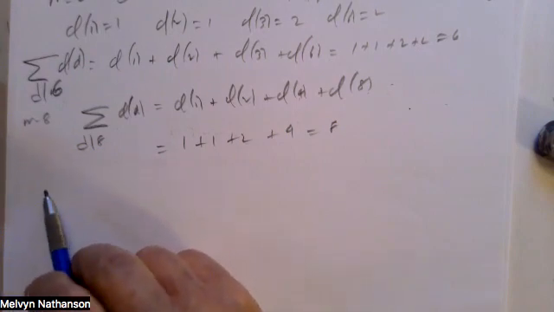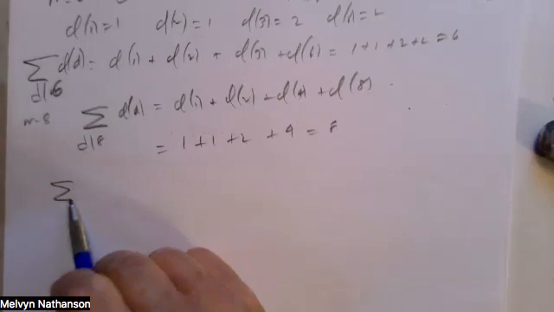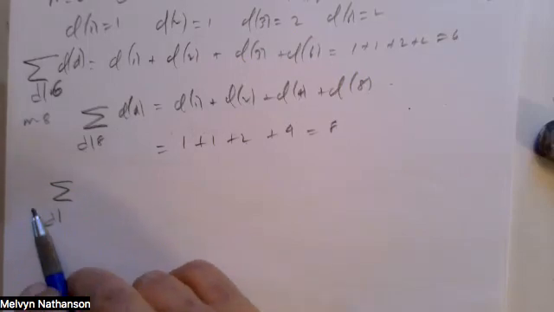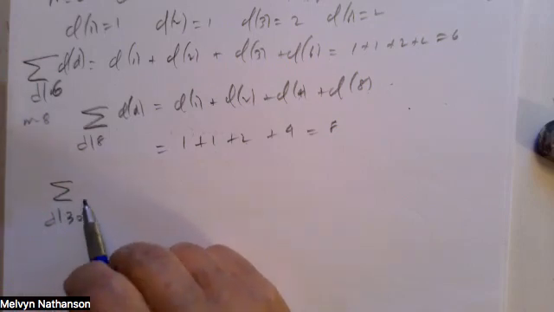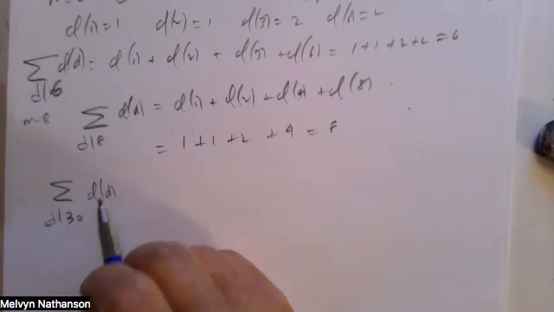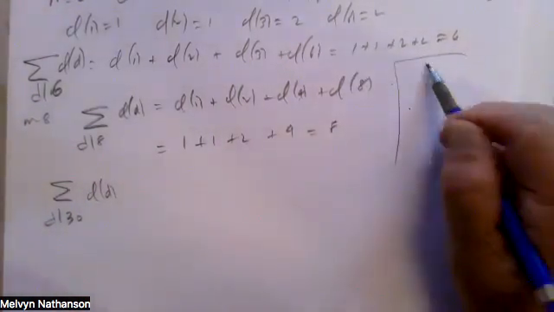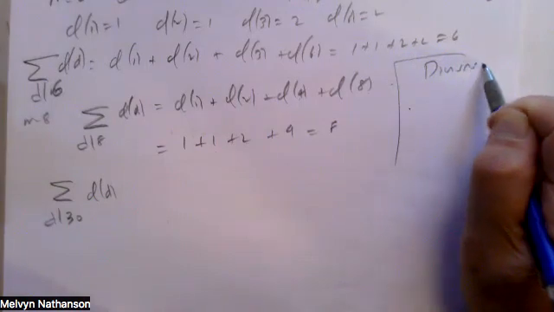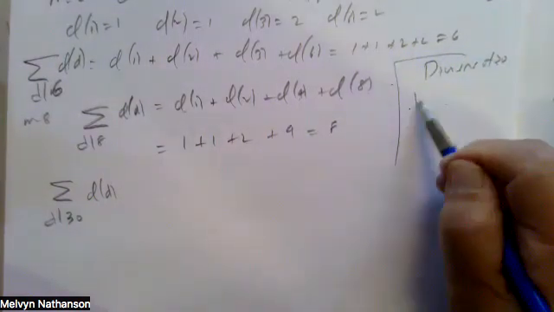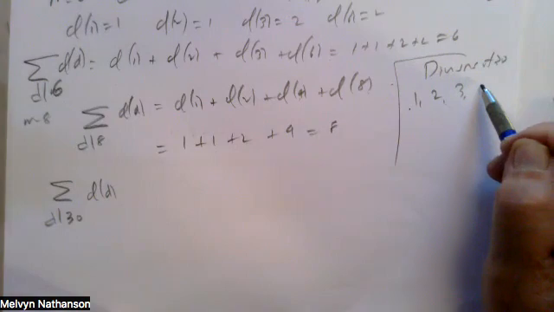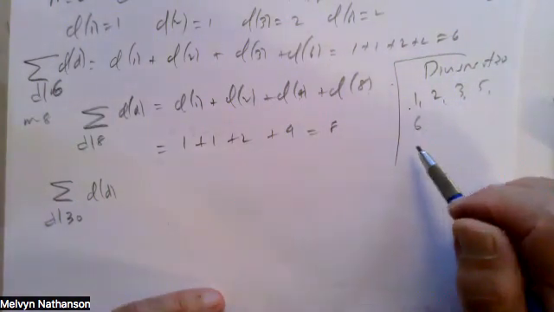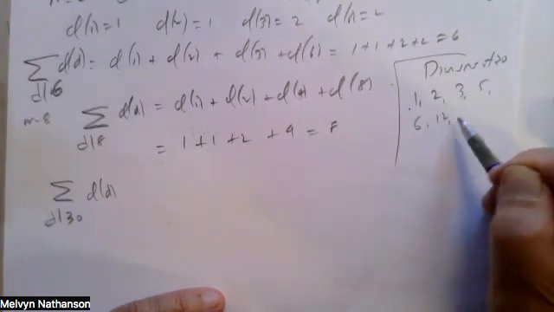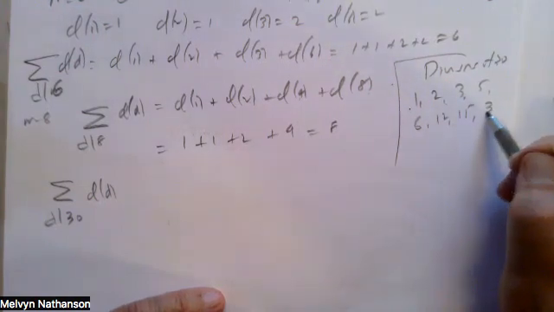Let's do another example, and make it more interesting. Suppose I take the sum over all the divisors of 30. 30 has a lot of divisors. What are the divisors of 30? 1, 2, 3, 5, 6, 10, 15, and 30.